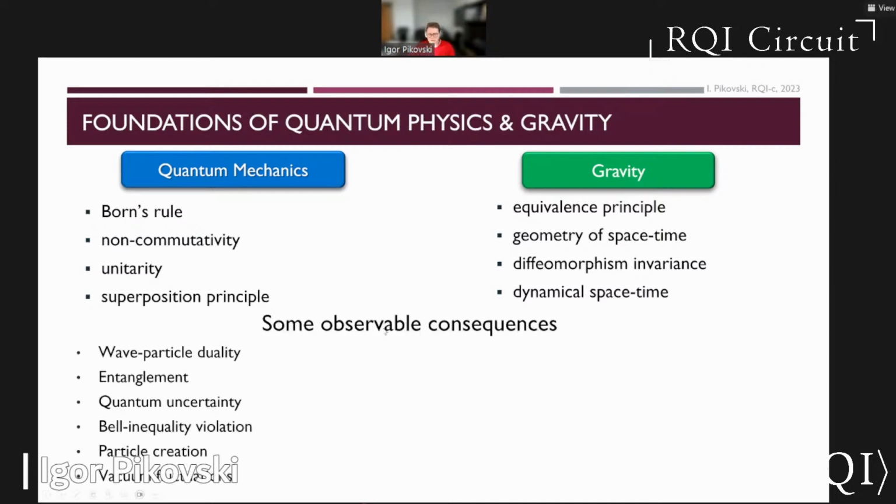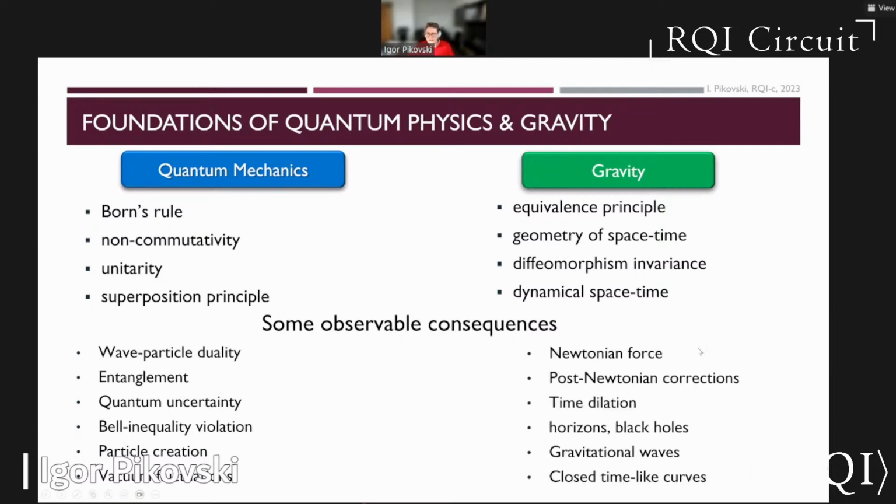So some observable consequences on the quantum side are something like wave-particle duality, so interference of particles, entanglement, the uncertainty relation, Bell inequality violation, and also, of course, high-energy phenomena, such as particle creation, fluctuations, and so forth.